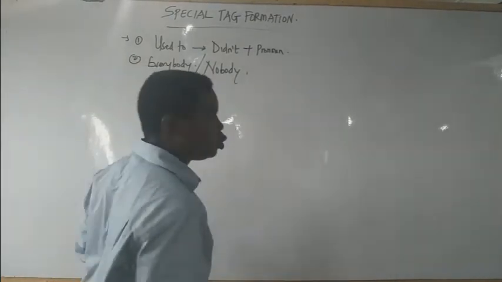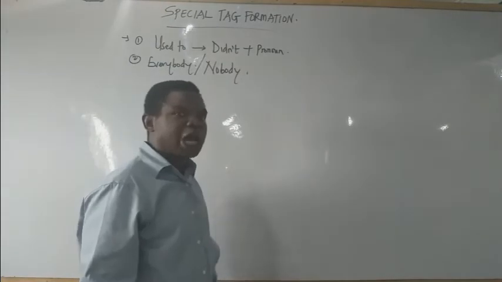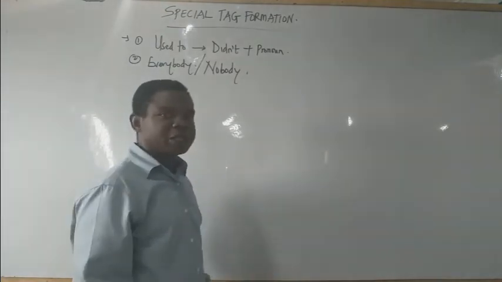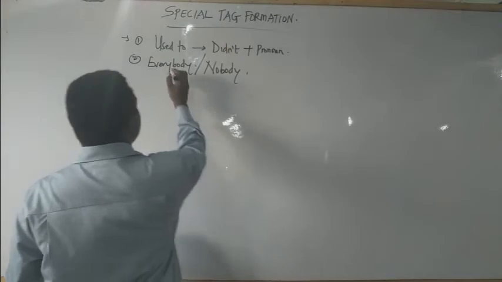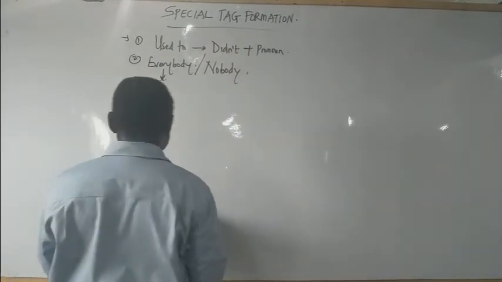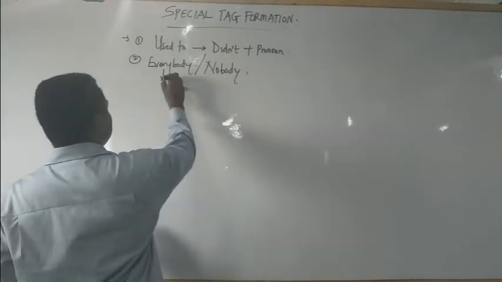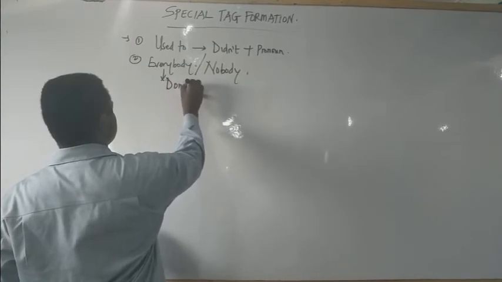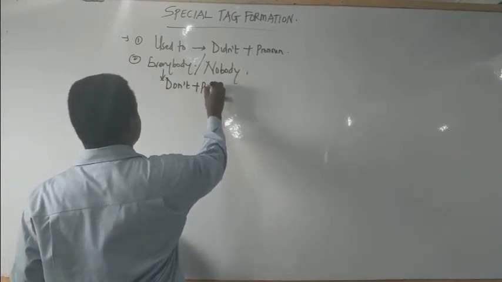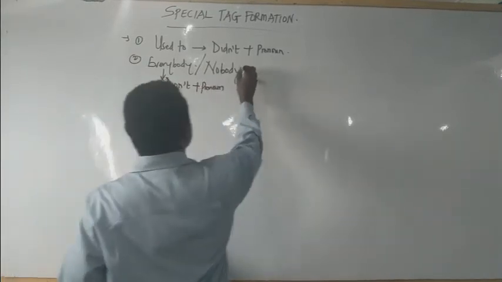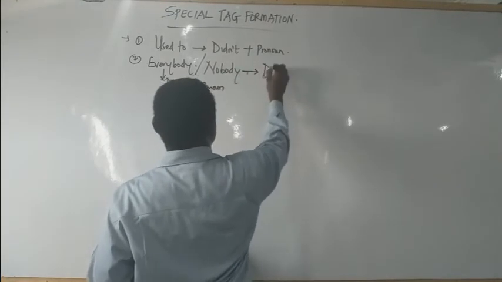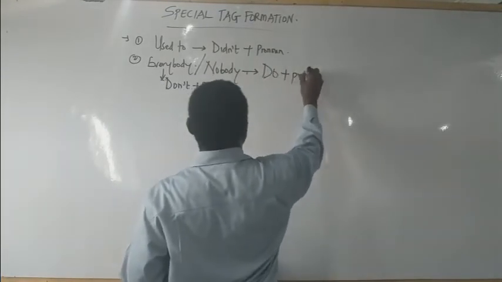When you use these two in a sentence and you want to form a tag for it, the tag for "everybody" will take "don't" plus a pronoun, while "nobody" will take "do" plus a pronoun.